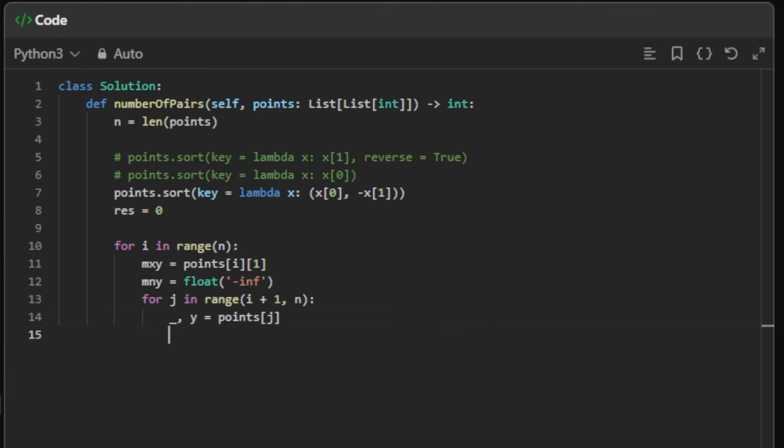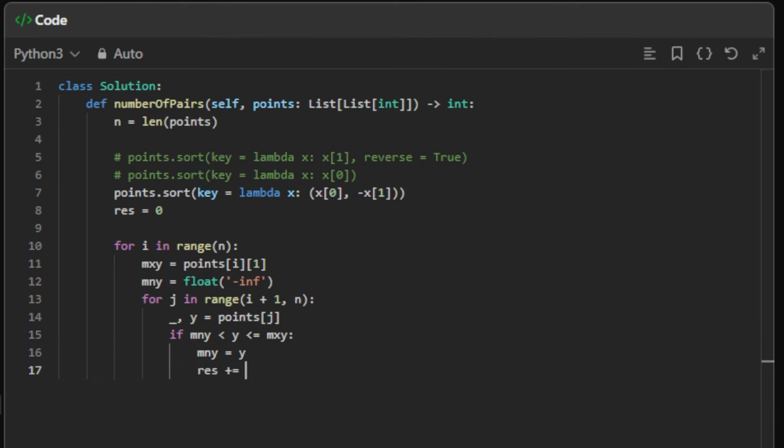and if the minimum y is smaller than y and y is smaller or equal to the maximum y. So if y is in between the minimum y and the maximum y, the minimum y is now y.